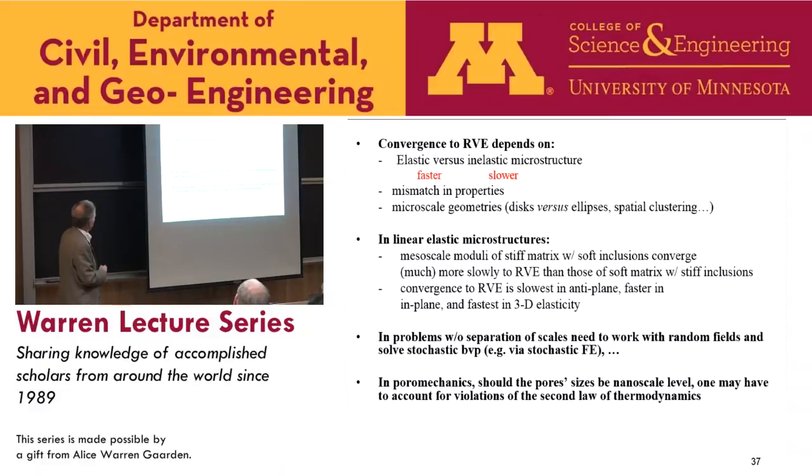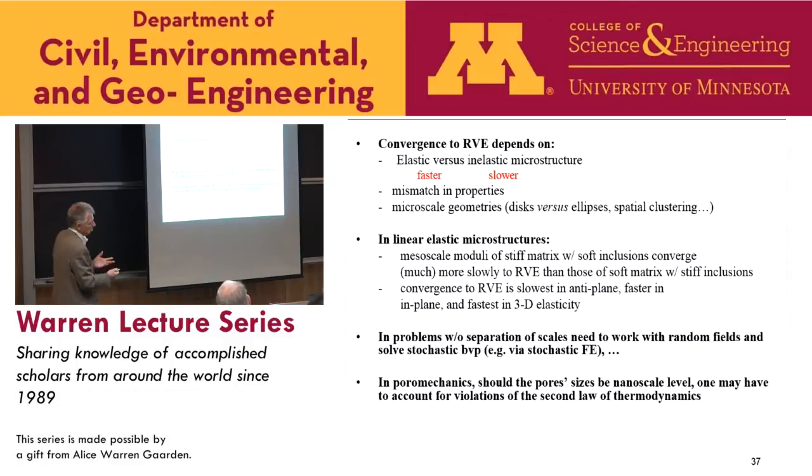So overall, we have convergence to RV that depends on elastic versus inelastic. And we always get the result, and also other people working on those topics, a result that elastic homogenizes faster than inelastic, or nonlinear. There's a dependence on the mismatch. I discussed that. There's dependence on microscale geometries.